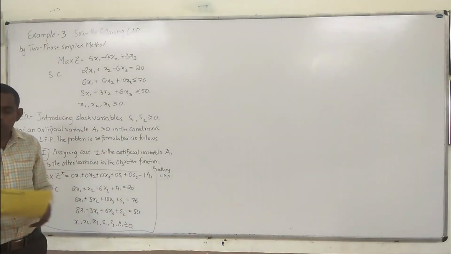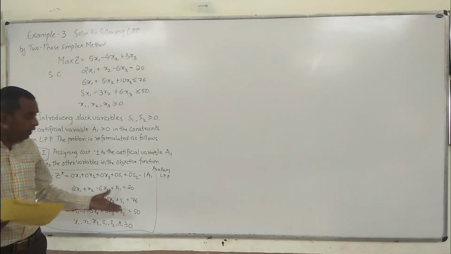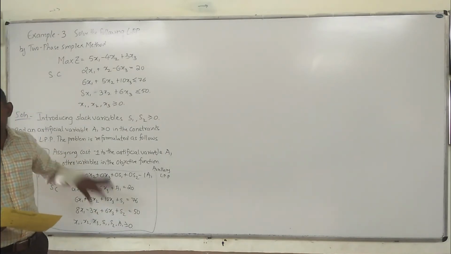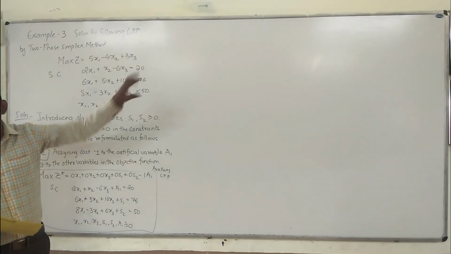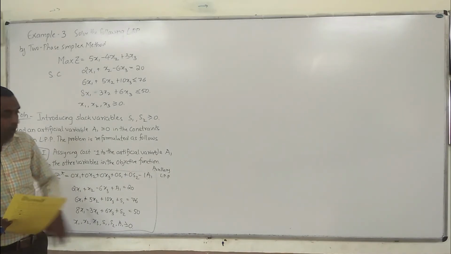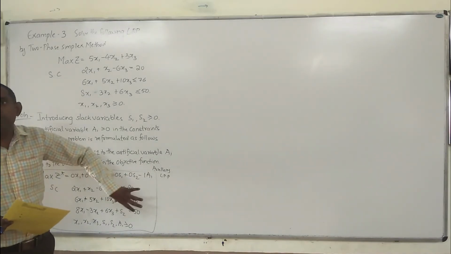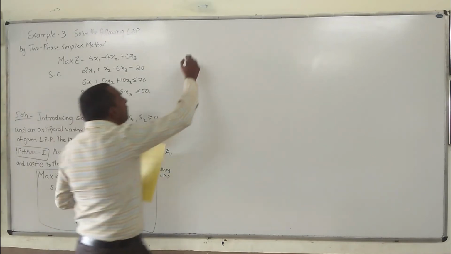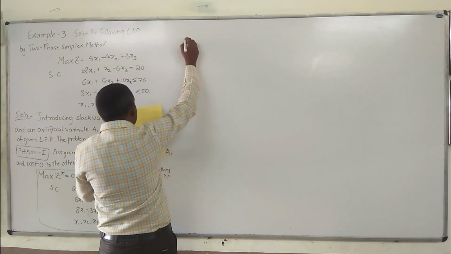Once we have the auxiliary LPP, we need to implement it in a simplex table. So write all these values in the simplex table. Let me draw the simplex table here.